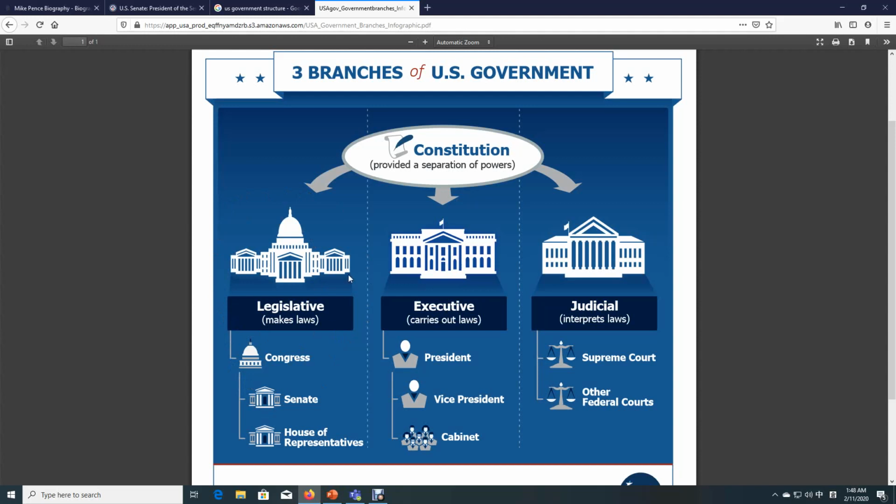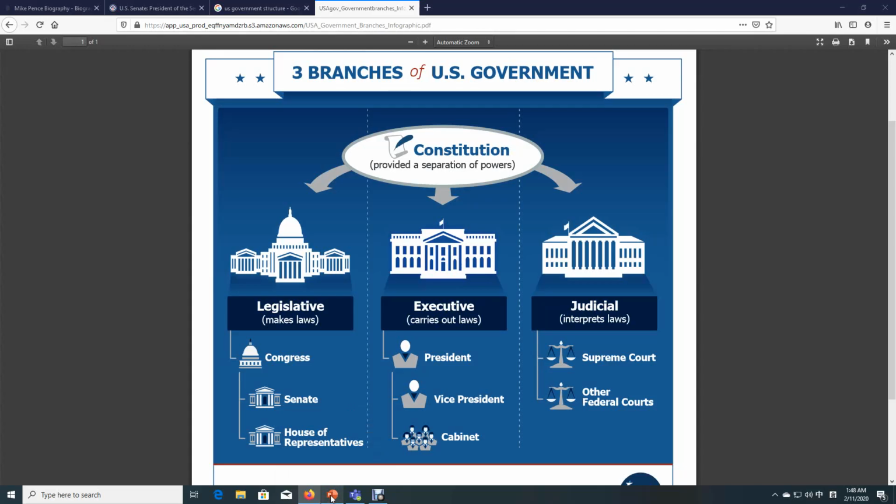Now, the American legislature, which is the Congress, is made up of two houses, Senate and House of Representatives. So just now we have identified that the Vice President of the United States is the President of the Senate, and Nancy Pelosi is the Speaker of the House of Representatives.